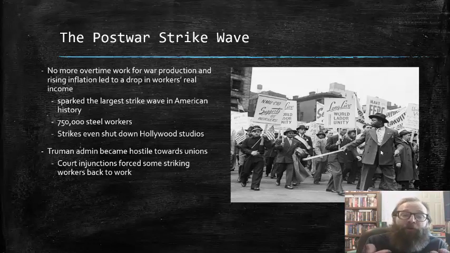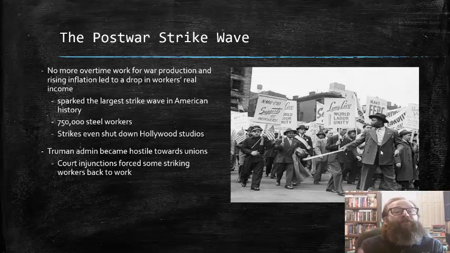However, at the conclusion of the war, and with the de-escalation of military spending, this eliminated much of the overtime work for war production that many workers had relied on for their incomes. And this, coupled with rising inflation, led to a drop in workers' real income.